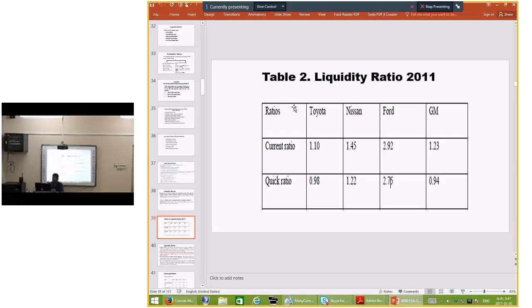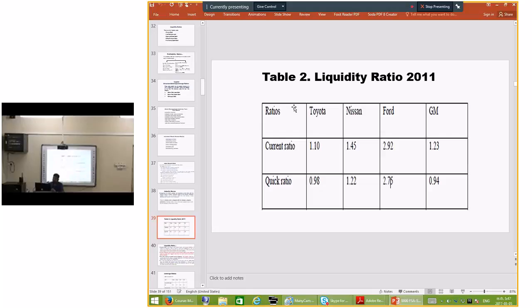Then we have some liquidity issues. But in Nissan, we can see the current ratio is not so good, but as per the norm, we expect 1 to 2. If you have 1 rupee liability, then we should have two rupees of current assets to meet that current liability. That is the accepted norm.